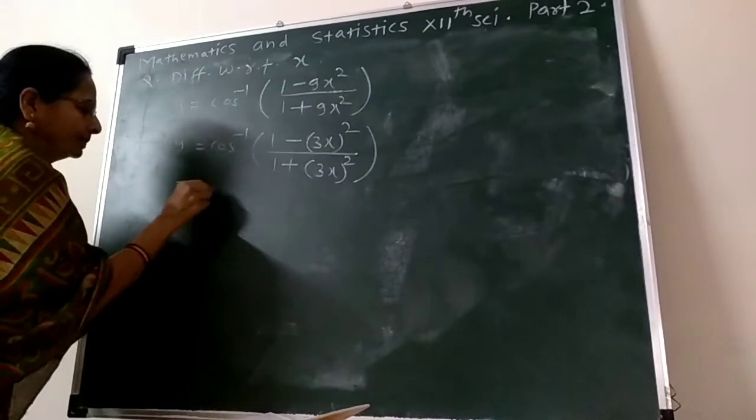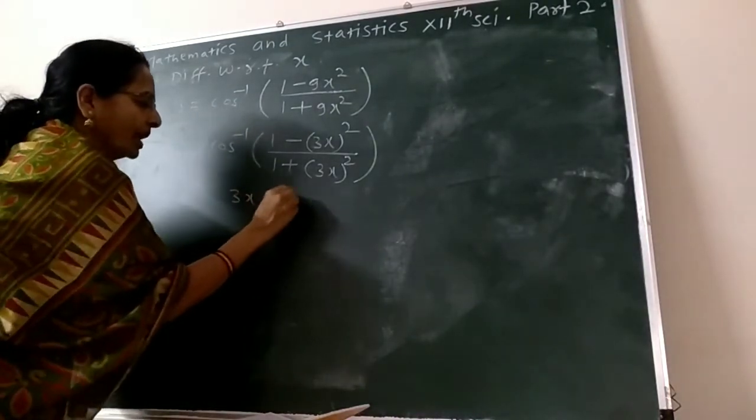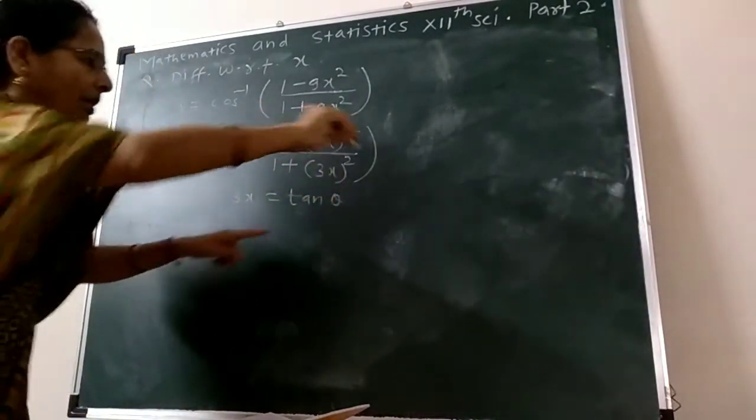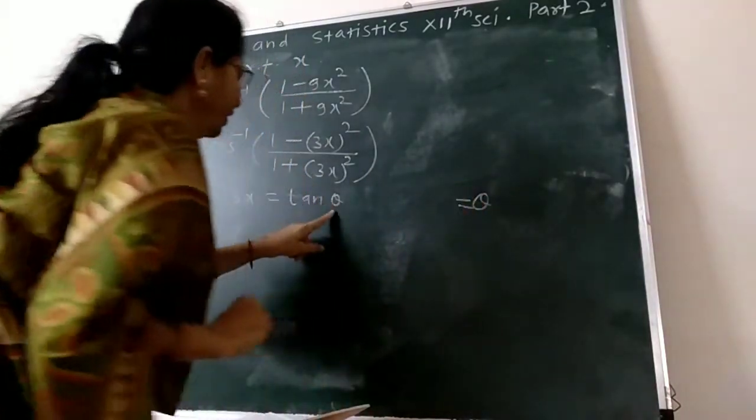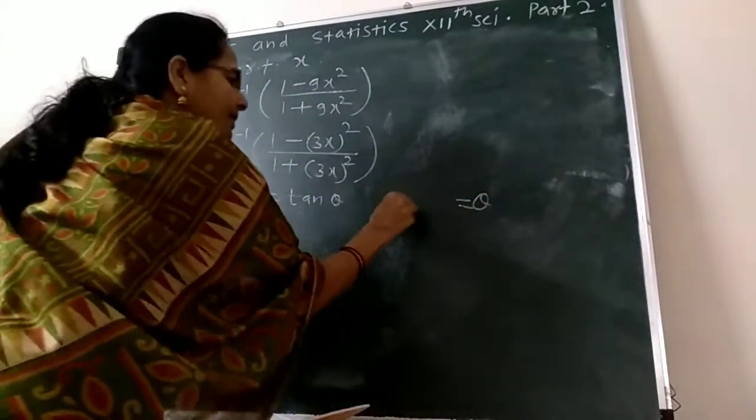Put 3x equal to tan theta, so theta equal to tan inverse 3x.